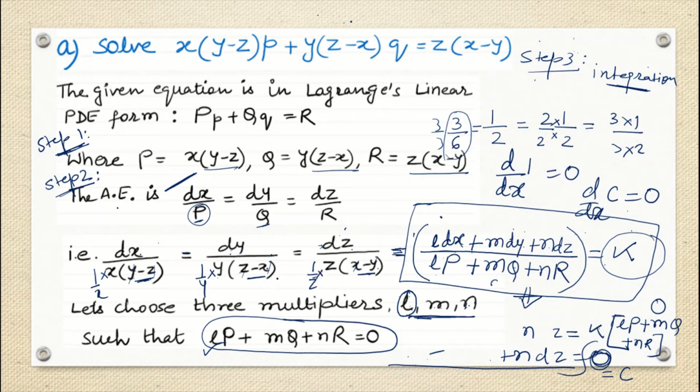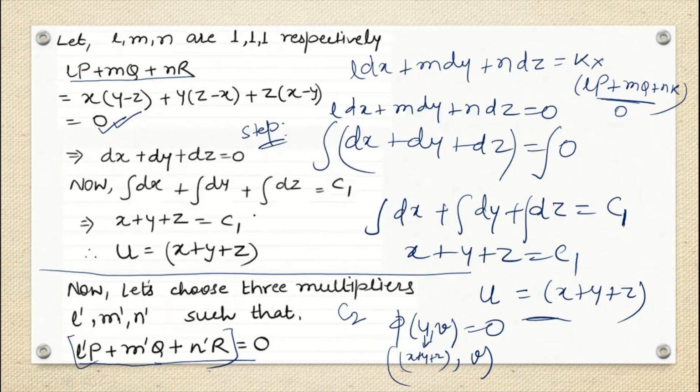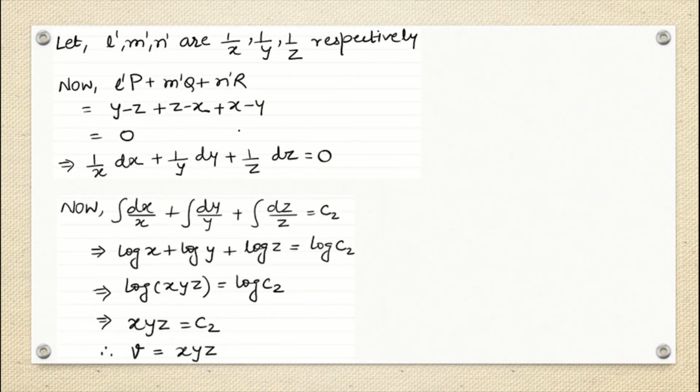So what will happen? If these things get cancelled, this plus this will give me 0. So for that I'm going to say that my L dash, M dash and N dash are nothing but 1 by x, 1 by y, 1 by z. If I write in this fashion, I will get 0. Now what about the right hand side we got?